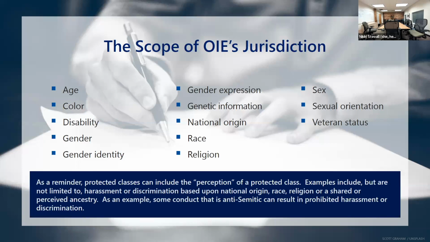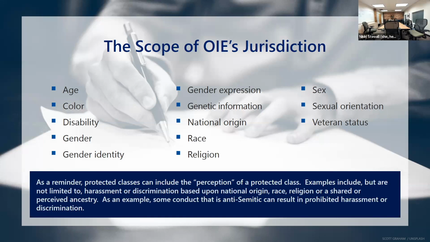Our scope also includes Title IX matters, conduct on the basis of sex that is severe, pervasive, and objectively offensive, that effectively denies someone equal access to a university program or activity, and non-Title IX sexual misconduct. And we also handle related misconduct, including protected status or protected activity retaliation. So that would be an adverse action or some kind of negative treatment, such as intimidation, threats, discrimination, harassment, based on a protected activity.